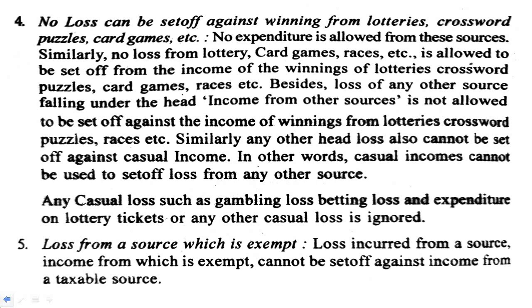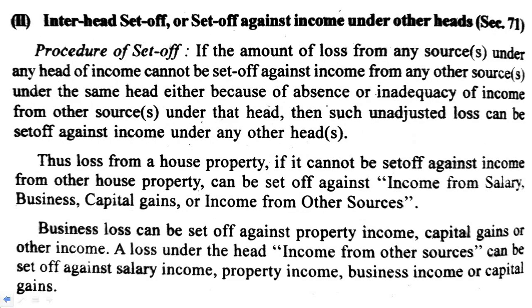Loss incurred from a source, income from which is exempt, cannot be set off against income from a taxable source. Then inter-head set off, or set off against income under other heads, section 71.